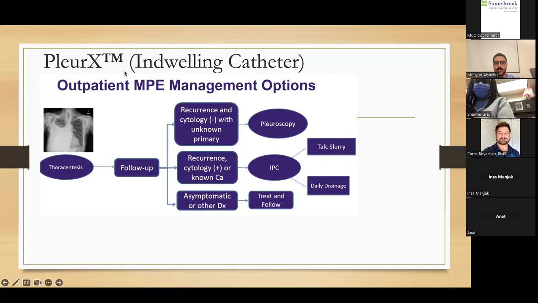The other situation, you have a recurrence with cytology positive or known cancer. And now you're thinking, I'm not doing any diagnostic procedures. I'm trying to help this patient for therapeutic purposes. So we think of that now, do they have a good expansion or they don't?